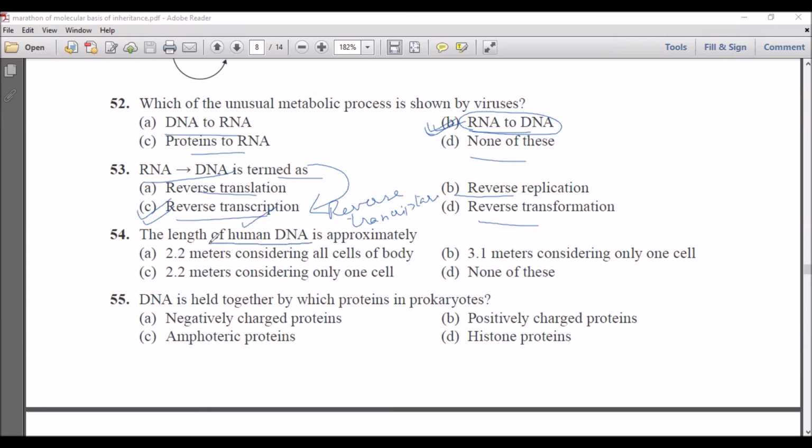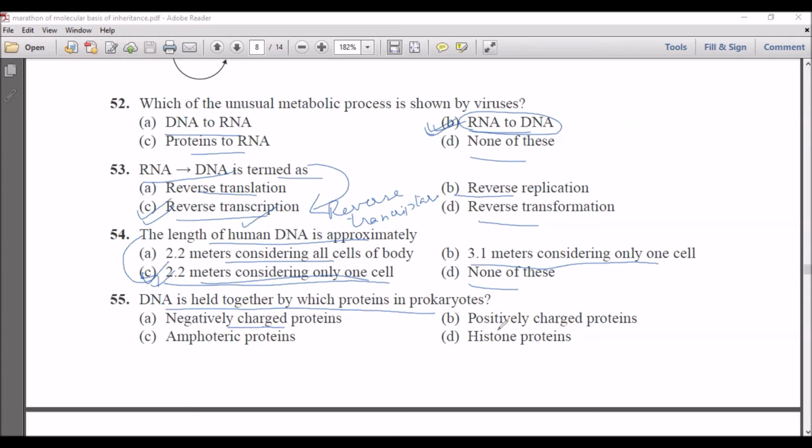The length of human DNA is approximately 2.2 meters considering all the cells of the body, 3.1 meter considering only one cell, 2.2 meter considering only one cell, and none of these. Now we know that length of human DNA is approximately 2.2 meters considering only one cell. Next question is, DNA is held together by which protein in prokaryotes?